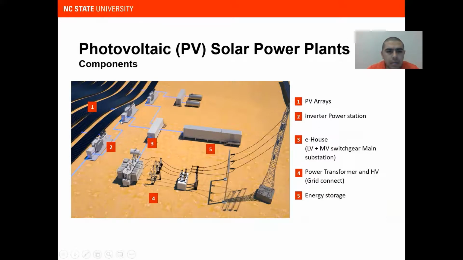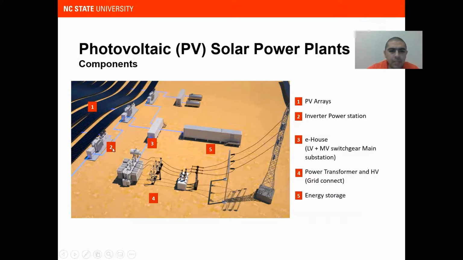Number two is the inverter power station, where we have the inverter, the step-up transformer, and some disconnectors or protection for electrical protection. Number three, we have the e-house. It is essentially a shelter where we can find the medium voltage switchgear and low voltage switchgear for the system itself.